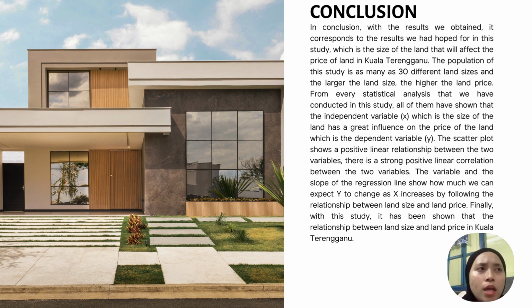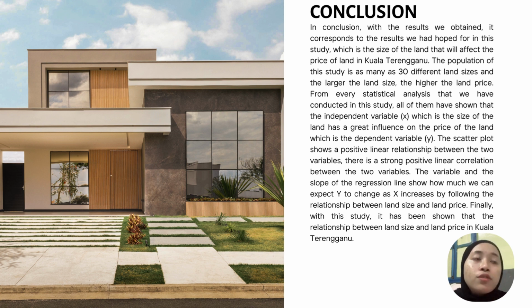From every statistical analysis that we have conducted in the study, all of them have shown that the independent variable x, which is the size of the land, had a great influence on the price of the land, which is the dependent variable y. The scatter plot shows a positive linear relationship between the two variables.